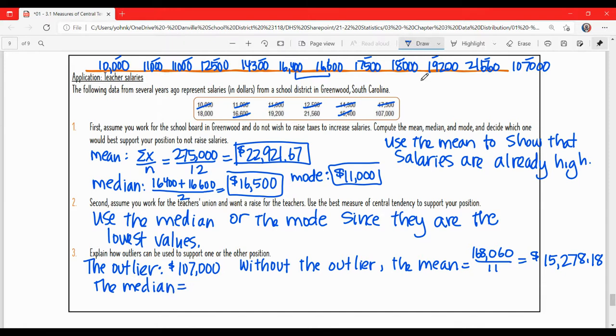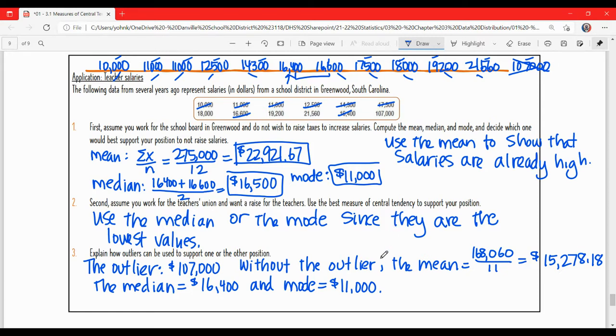The median equals, all right, so go back. Let's pretend we take this one out. Now we have one on this side, one on this side, and so on. Ooh, look, my median is now 16,400. And the mode is still equal to 11,000.